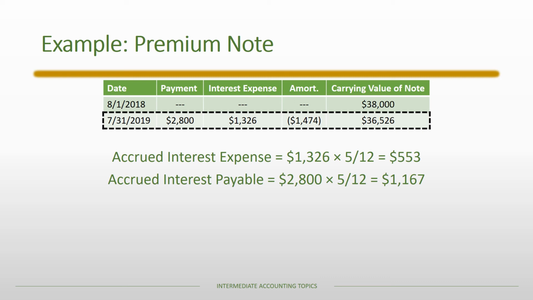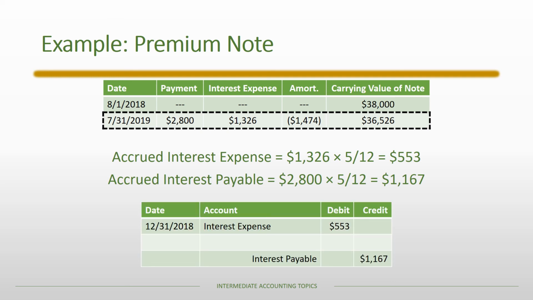And of course, the interest payable is also being accrued at 5/12, which is $1,167. And again, this is the contractual amount, and the expense is more of the economic perspective using the yield that we had solved for.